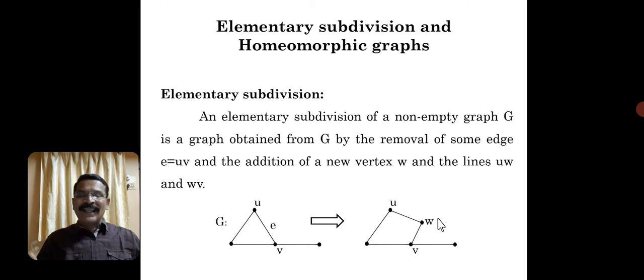In this example it is very clear that we have deleted one edge E equal to UV, added one vertex W, and joined W with U and W with V. So indirectly, we have introduced one vertex in the edge. This is called elementary subdivision.